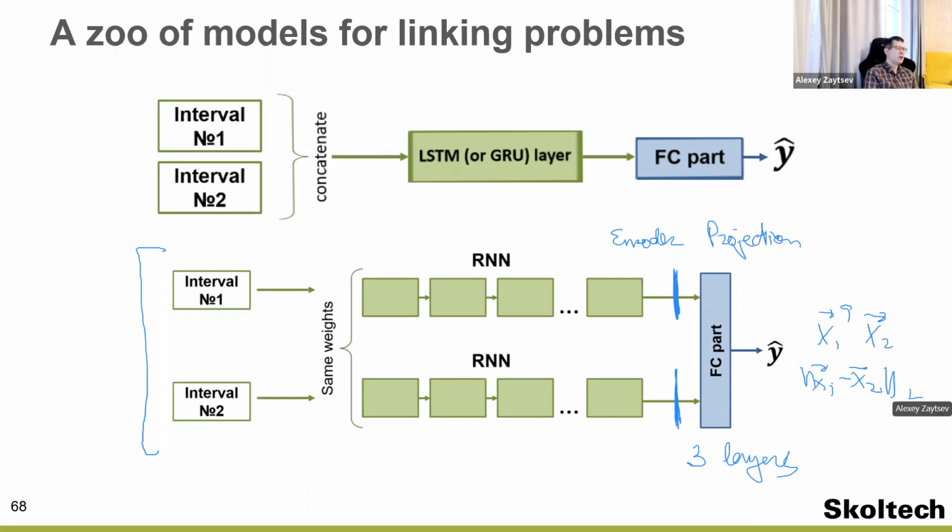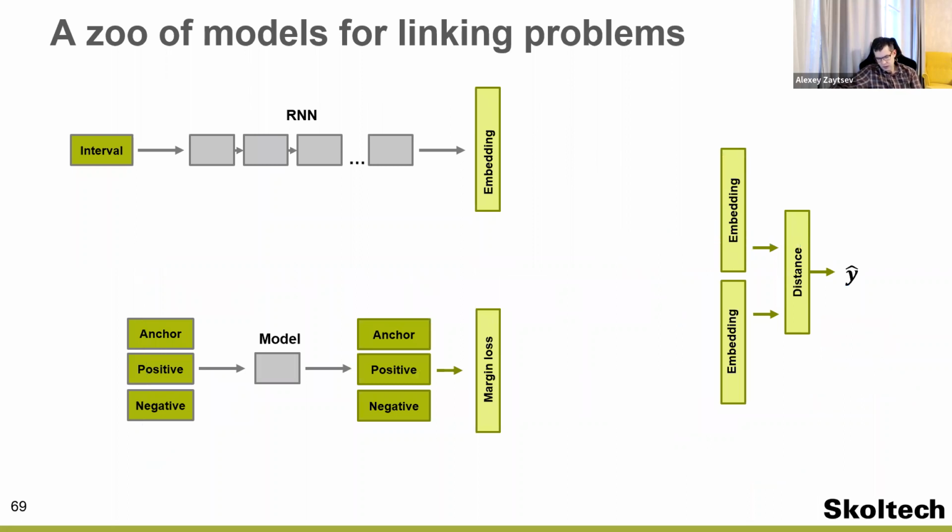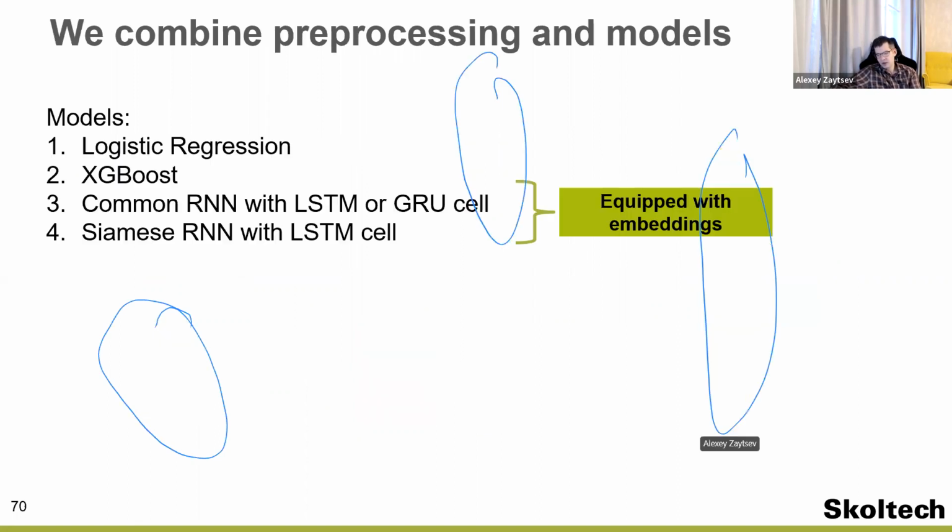Euclidean distance was a bit better compared to our initial distance here. Okay, I would not like to focus here, but I suppose it's pretty obvious that we again have these triplets, again have these embeddings, and after embeddings we calculate distance in different ways.